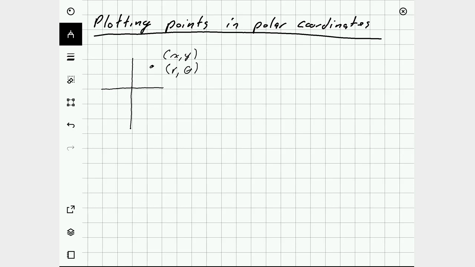And the idea here is we take a vector from the origin to that point. We find the magnitude, which we're going to call r, and the direction, which we will still call theta, of that vector, and we use those as the ordered pair that describes this point.